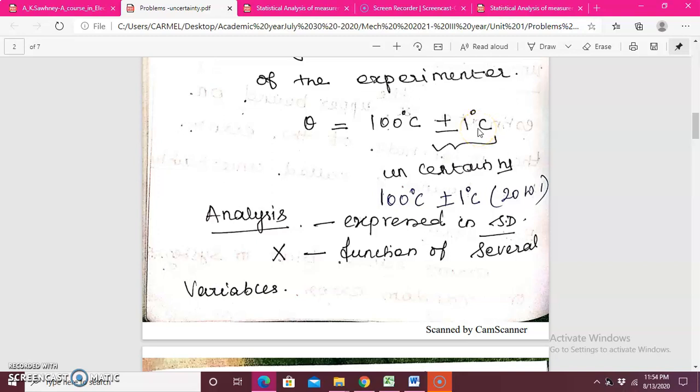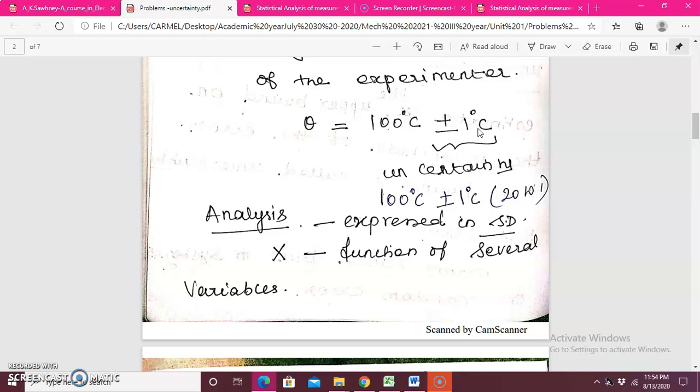So how does this uncertainty come about? Uncertainty is because of an incomplete definition of the quantity under measurement, or because of sampling conditions or storage conditions, or because of the error I already told you about, systematic error. And one more thing is unrepresentative sampling.